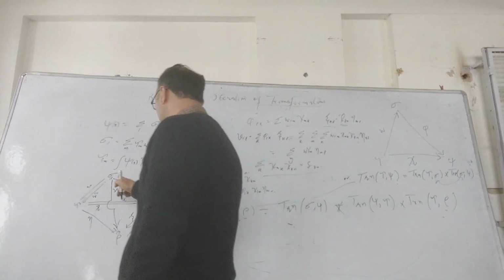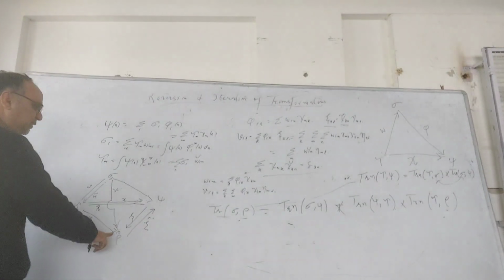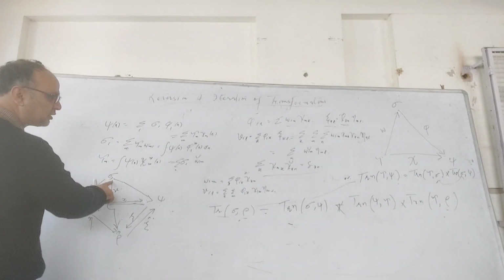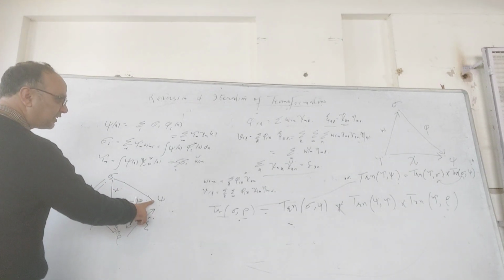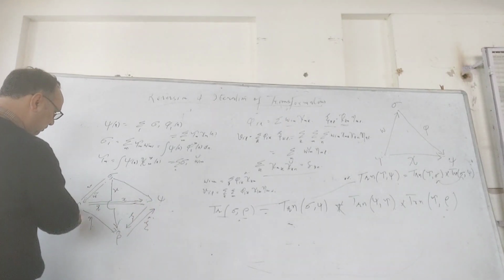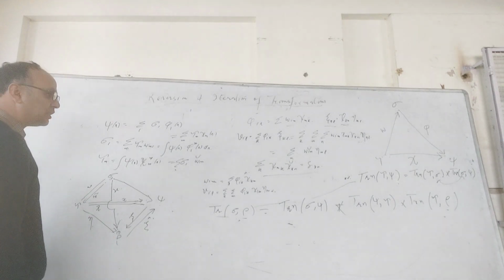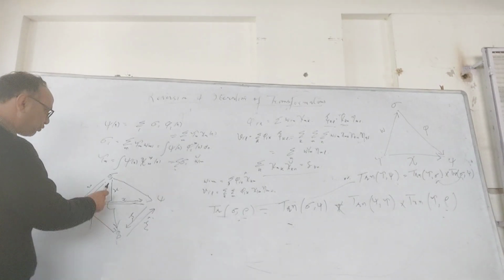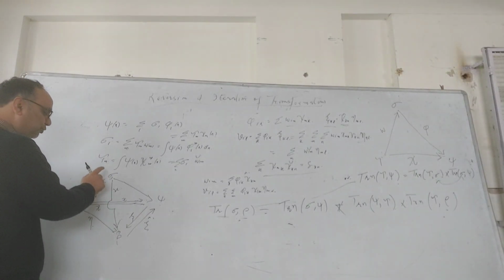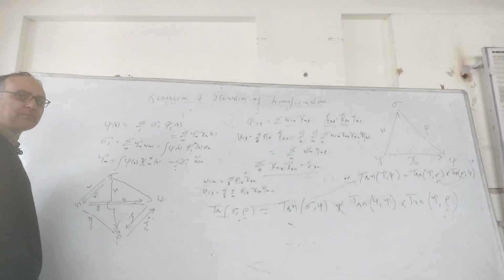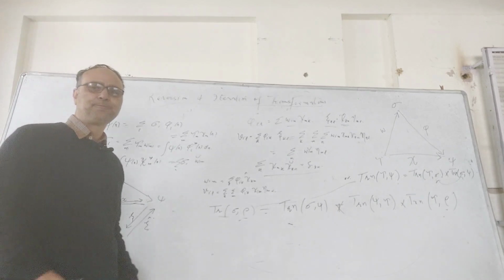Again, if you have to come from this to this, it means that you are going from sigma to psi, then psi to tau, then tau to sigma. So the path is a bit inverted. So to go from this to this via some orthogonal transformations.